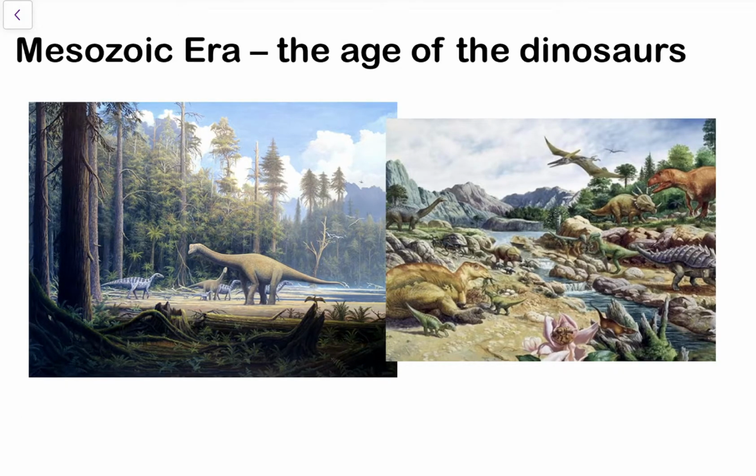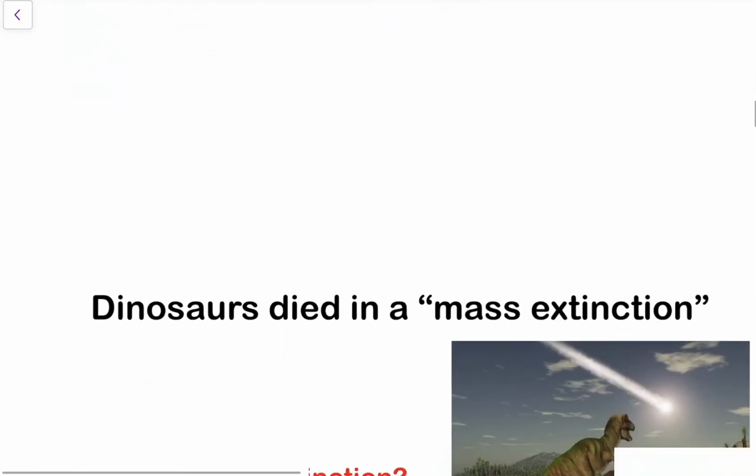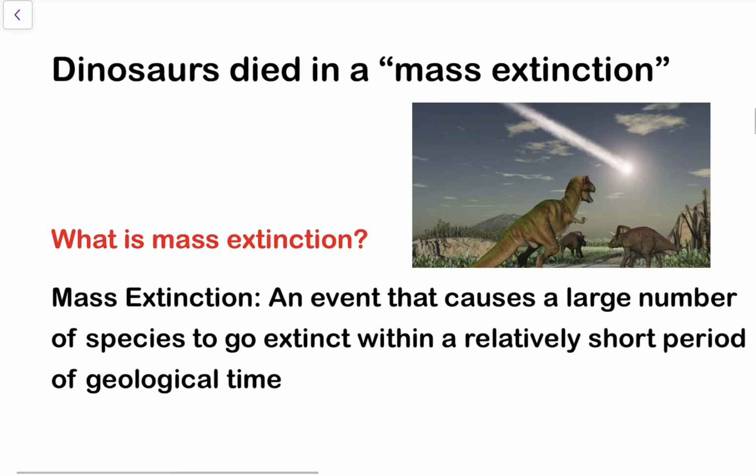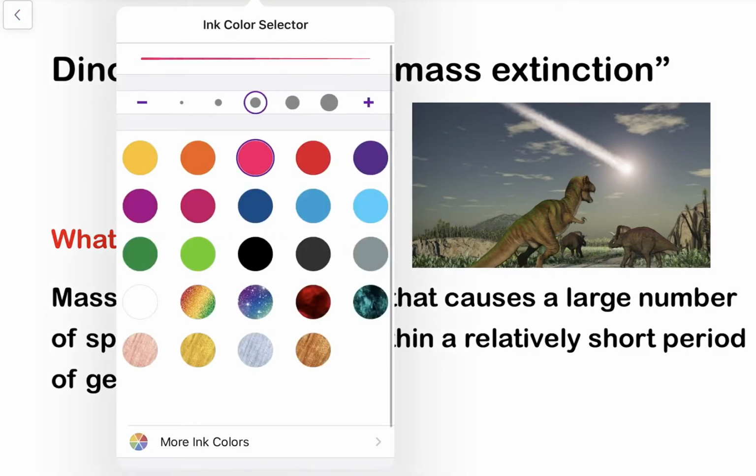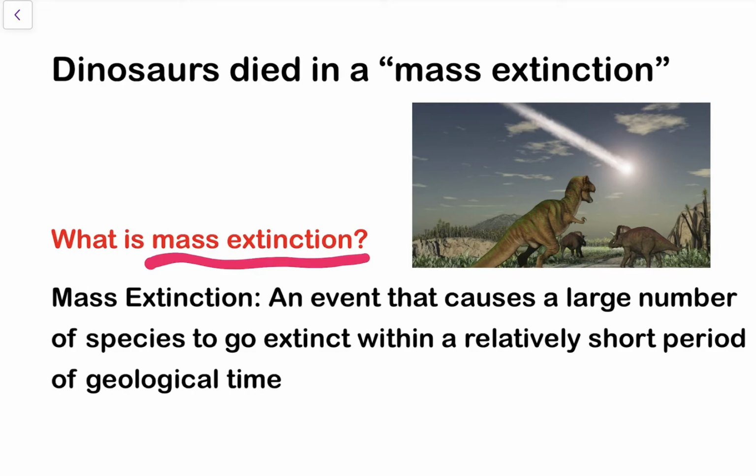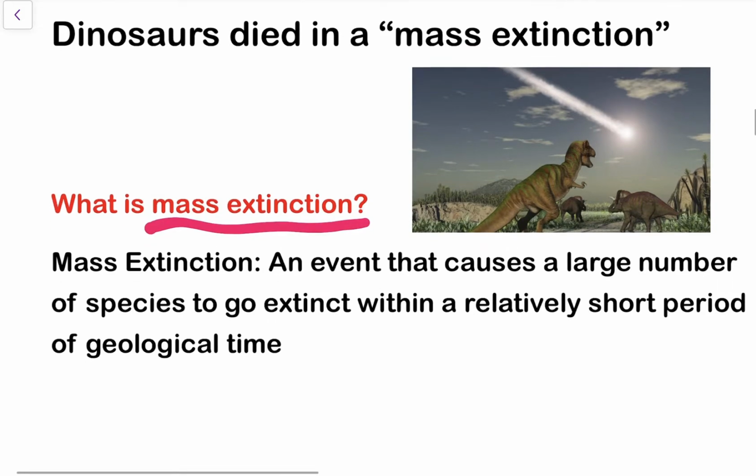But we don't see dinosaurs today, right? What happened? Well, the dinosaurs died in what we call a mass extinction event. What is mass extinction? First, let's think about the word extinction a little bit.